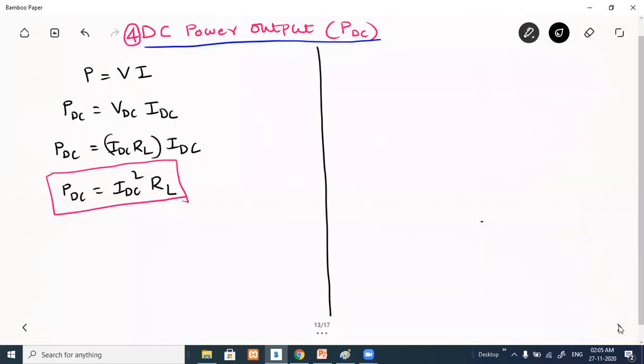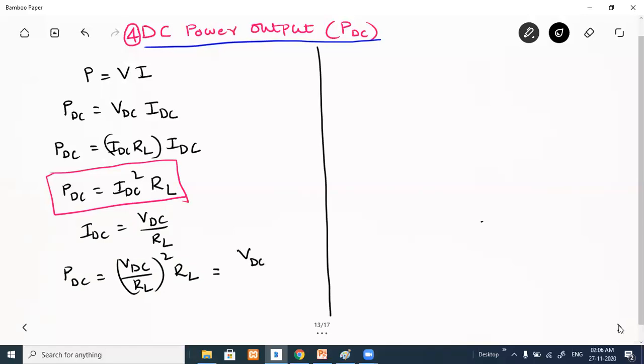And we also know that IDC equal to VDC by RL. So our PDC becomes VDC by RL whole square into RL, which is equal to VDC square by RL.